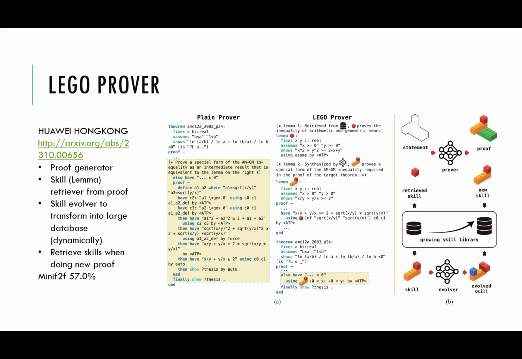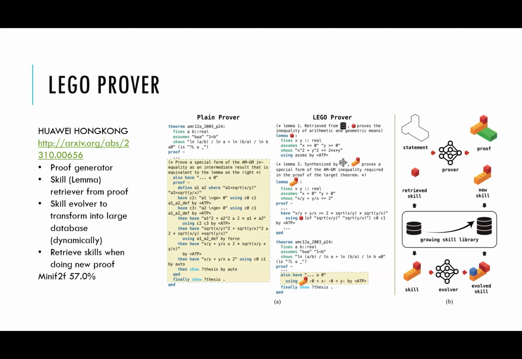When it proves more theorems, its skill set gets stronger. And it can retrieve not only from the ordinary Mathlib database, but also from its own skill set, which means it can call lemmas it proved previously and insert them into the new proof.